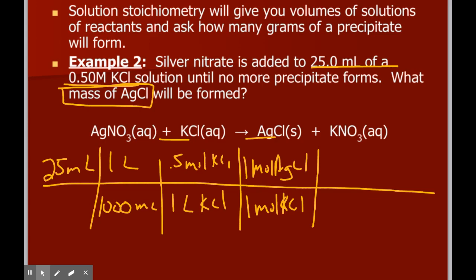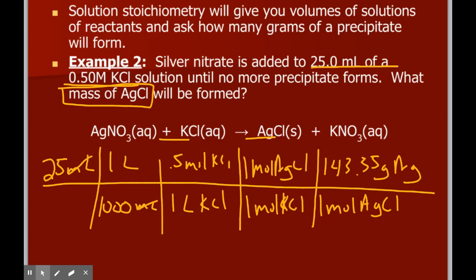And now the question is asking us to find a mass of silver chloride. So we're going to use the molar mass. In 1 mole of silver chloride, there are 143.35 grams of silver chloride. So if we go all the way back to the beginning here, you can always check your work to make sure you're doing it correctly.